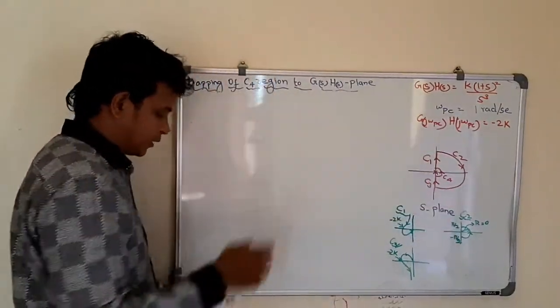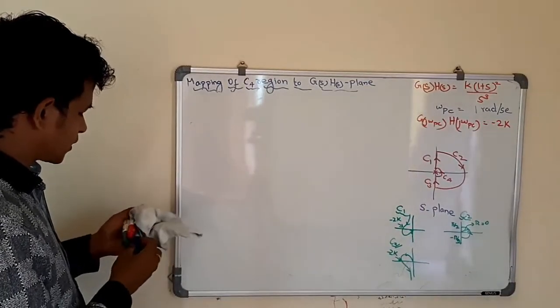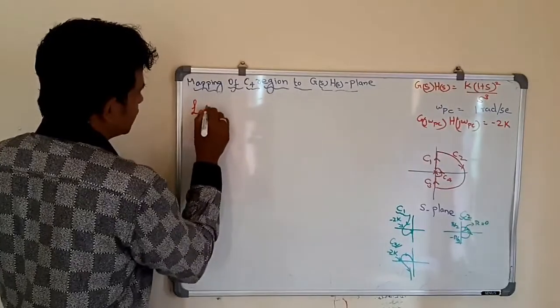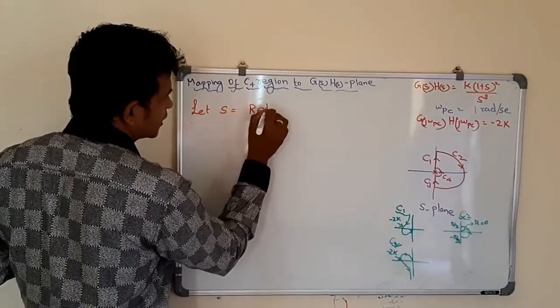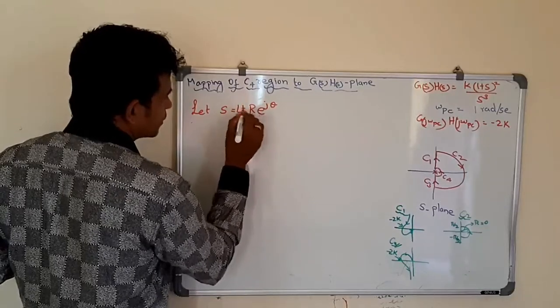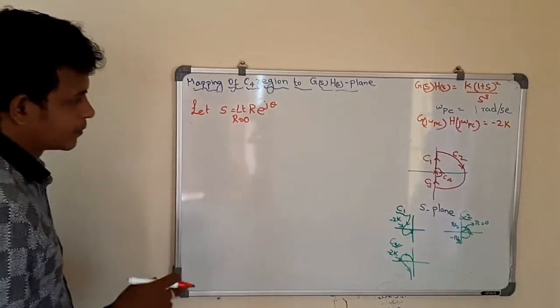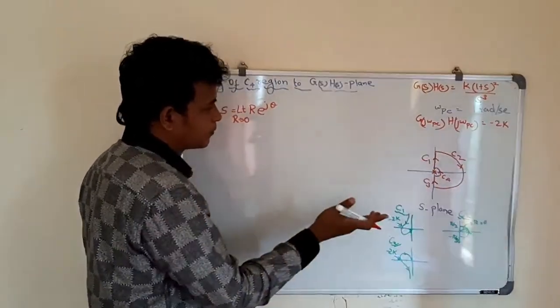To map this, we are making an assumption. Let s is equal to R into e power j theta, where the limit of R is tending to 0. Because the radius of this arc is 0 and it is varying from minus pi by 2 to pi by 2. First let us substitute with this.